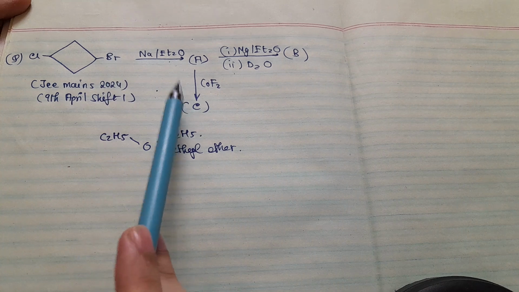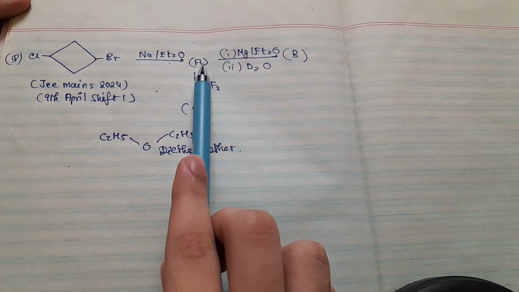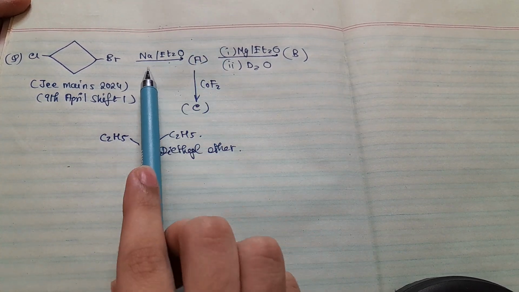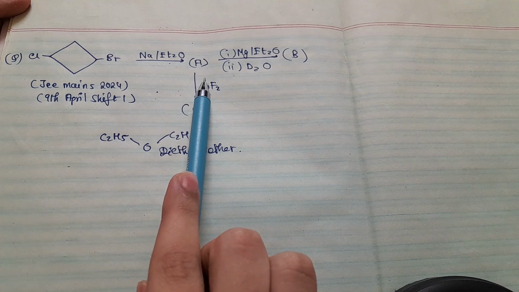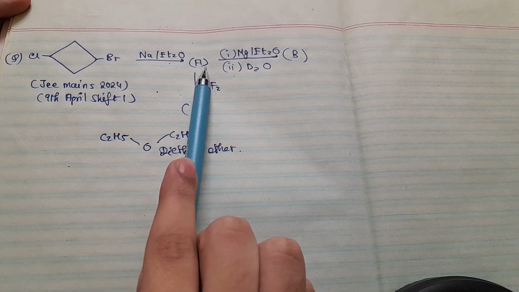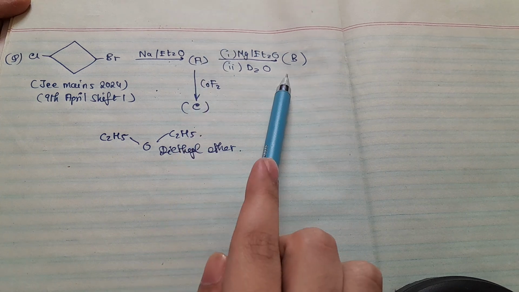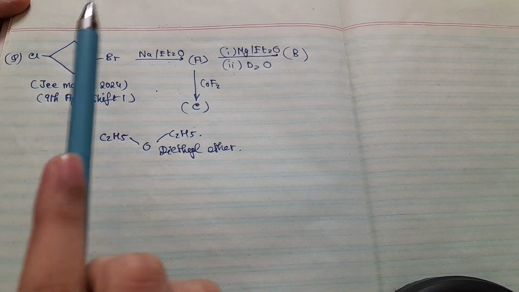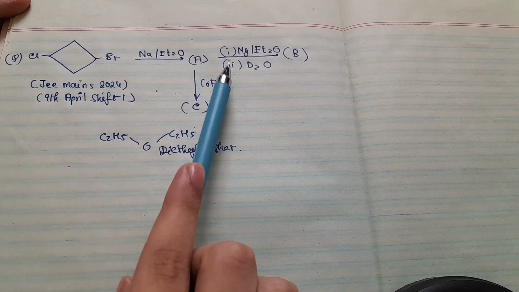That means A has to be a haloalkane, because only haloalkanes will undergo the Swarts reaction with COF2 to give an alkyl fluoride. So A must be a haloalkane. But the problem is that in the Wurtz reaction, the product is an alkane, not a haloalkane.